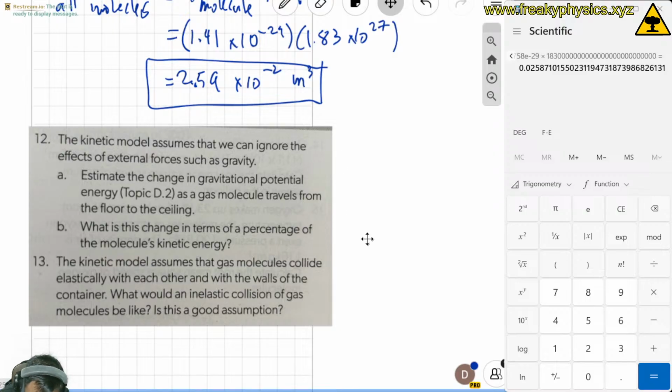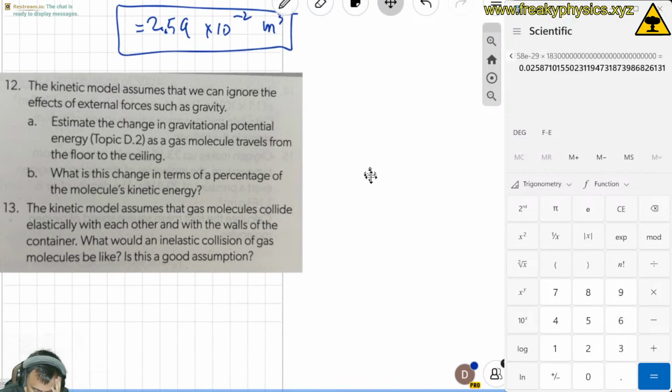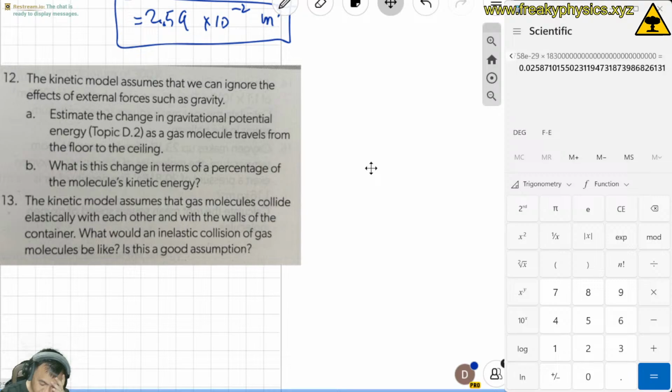Estimate the change in GPE as a gas molecule travels from the floor to the ceiling. Okay, we're going to have to make a few assumptions here so we can solve. We're going to assume that the average air molecule is nitrogen. Because we have nitrogen, the average mass would be equal to 28 atomic mass units.